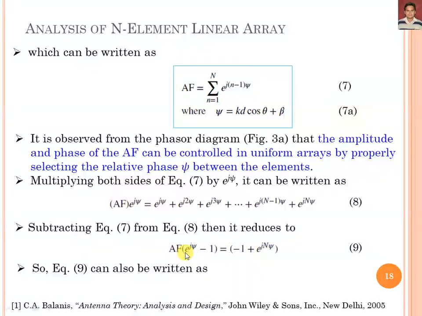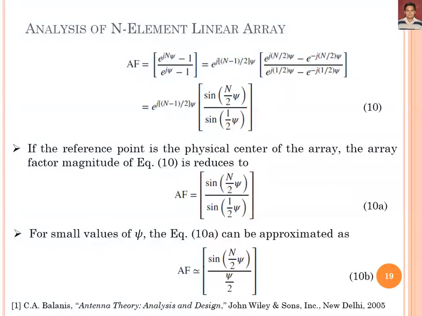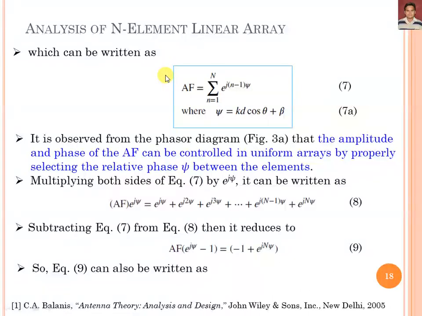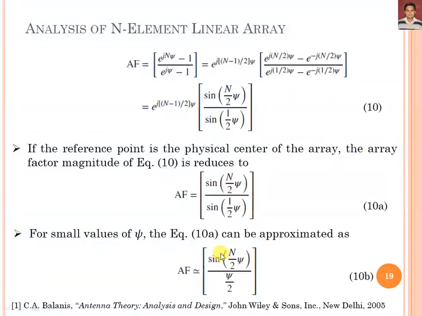Then we can calculate the array factor (e^{jψ} - 1) = -1 + e^{jnψ}, and this equation can be rewritten in this form, where AF is equal to (e^{jnψ} - 1) upon (e^{jψ} - 1).